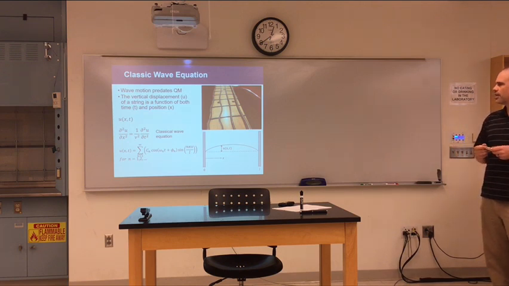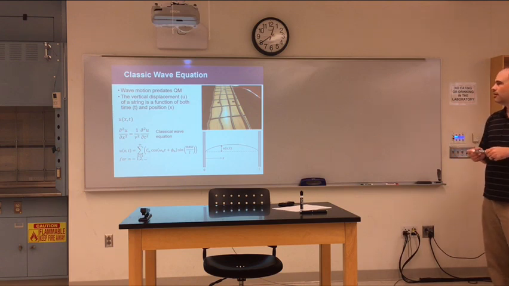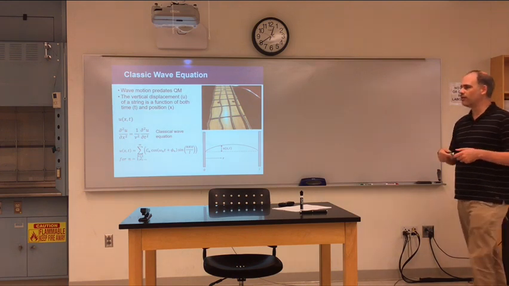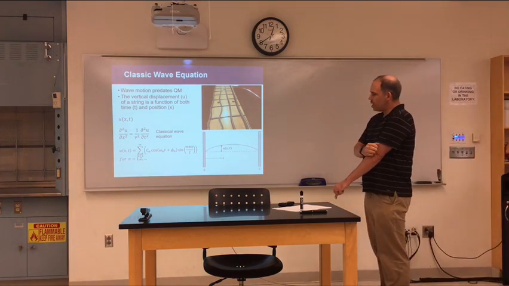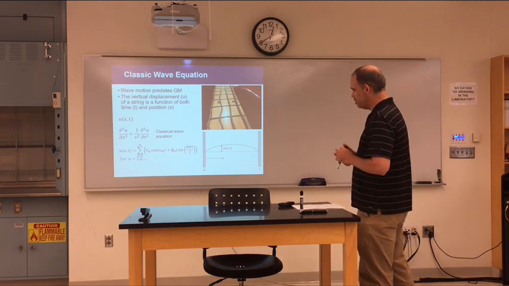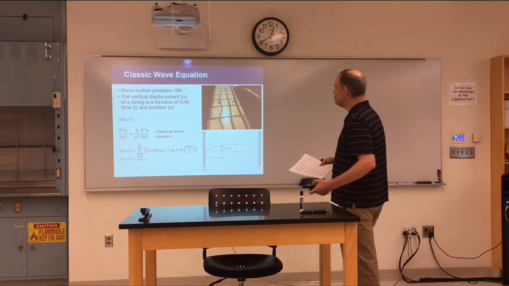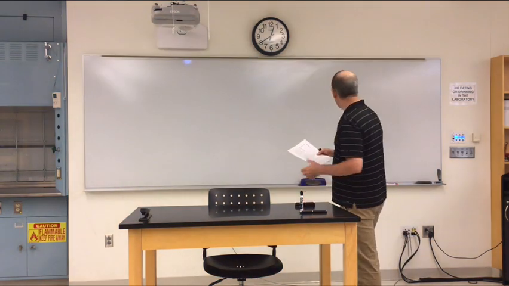And so if you're interested in being able to describe the movement of the waves of a harp or a guitar, or even on the ocean, some form of an oscillation motion, there's an equation for that, which is the classical wave equation, right? So we're going to end up deriving that. Okay.